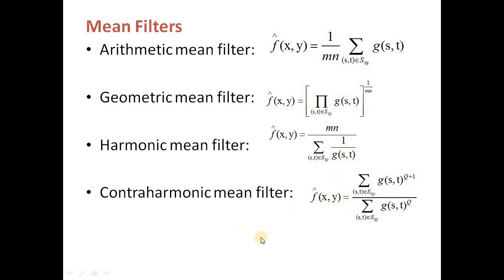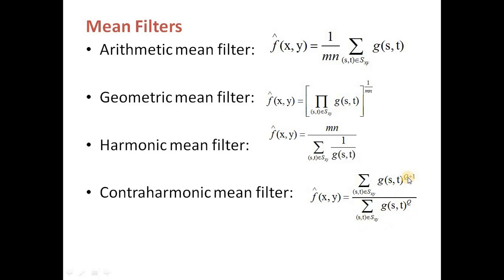Then the fourth kind of mean filter is the contraharmonic mean filter. Here the expression is given by this summation divided by this summation, and you will see a parameter capital Q, where Q is called the order of the filter.